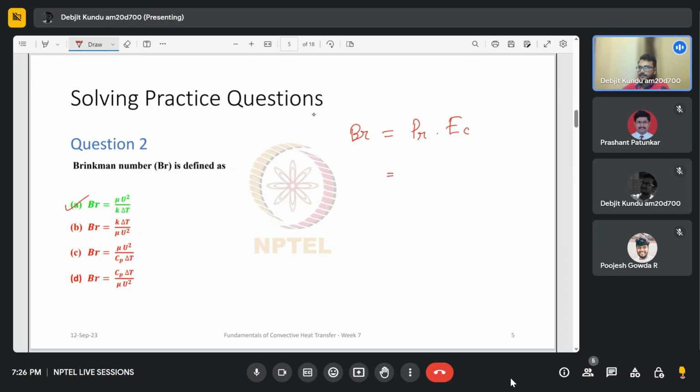So Prandtl number is given as nu over alpha, and Eckert number is given as u square over Cp into delta T. I'll check once.